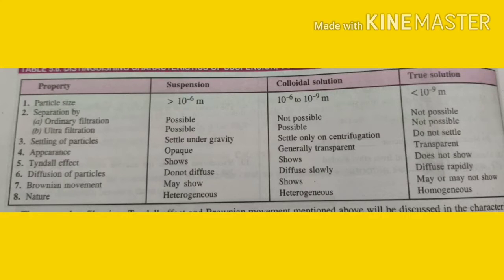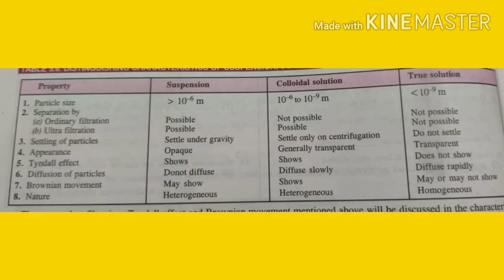Both are possible in case of the suspension; in the colloidal, the ordinary is not possible but the ultrafiltration is possible; and both are not possible for the true solution. Settling will occur in case of the suspension, in colloidal they settle only in centrifugation, and the true solution does not settle.